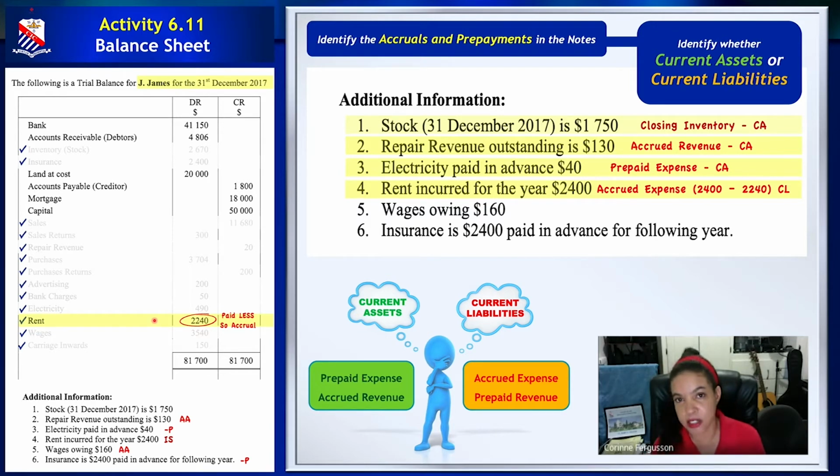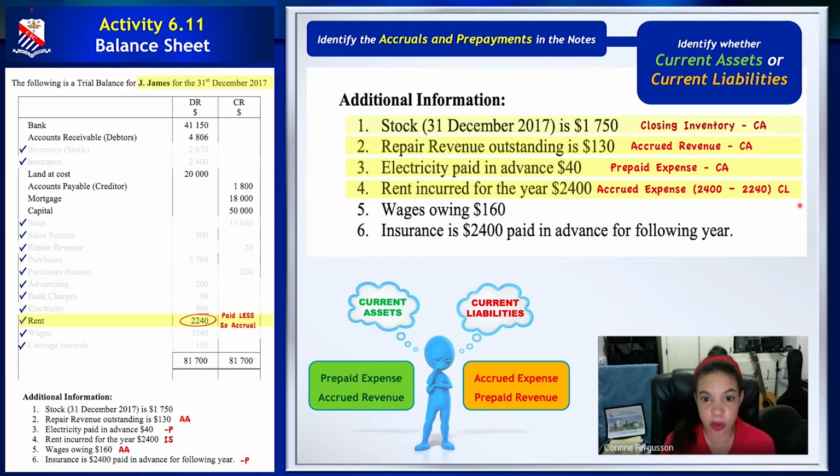So incurred is for expenses. And to find out how much is still owing, it will be the amount incurred minus the amount paid, which is in your trial balance. So the $2,400 minus the $2,240 will give you your accrued expense, and the accrued expense is a current liability because it is still owing.